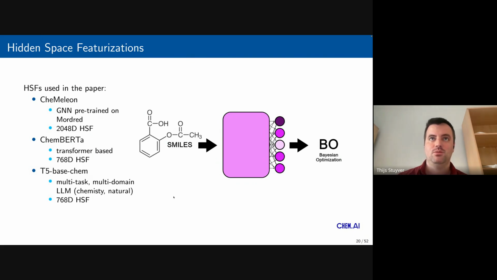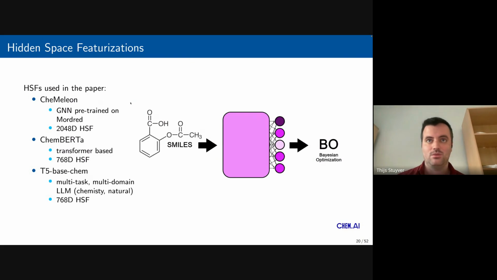Specifically, we looked at Chameleon, which is a graph neural network pre-trained on predicting Mordred descriptors. The entire model puts out the Mordred descriptors, but we just take the hidden space featurization from there. Then we also looked at ChemBERTa, which is a transformer model fine-tuned on chemistry tasks.